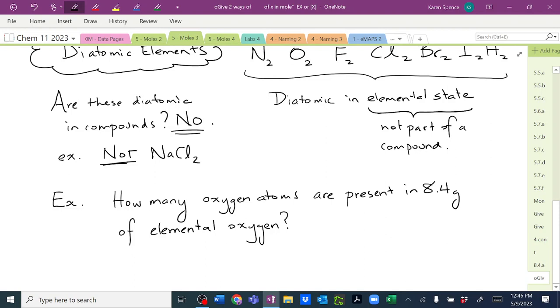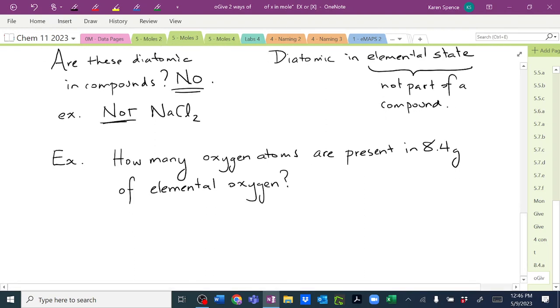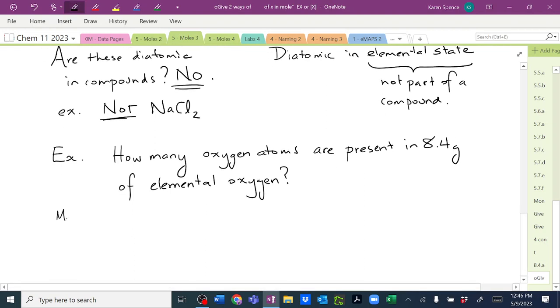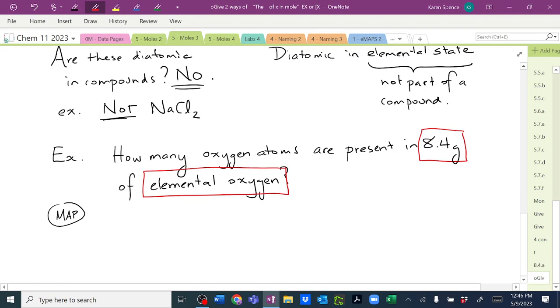We're not actually going to solve this question, we're just going to make the map for it, okay? So we're going to do our map. What are we starting with? What is our initial quantity in this question? 8.4 grams of elemental oxygen.